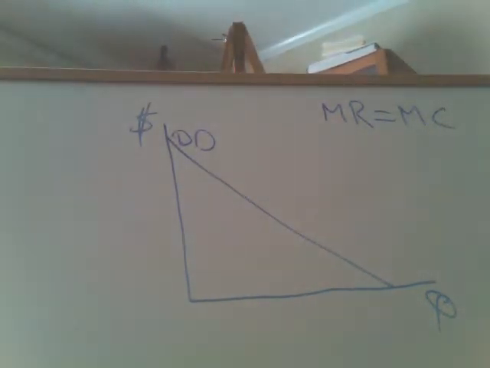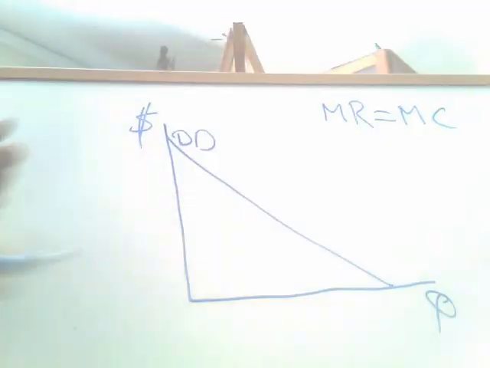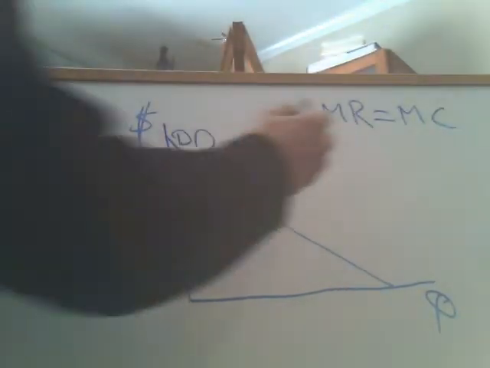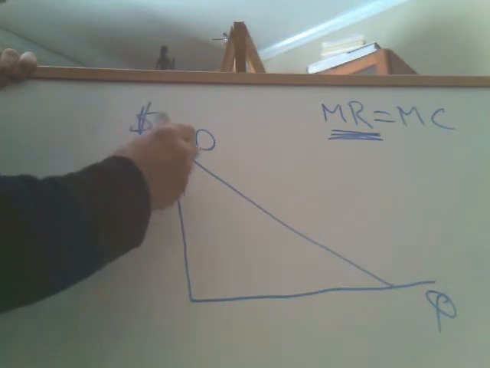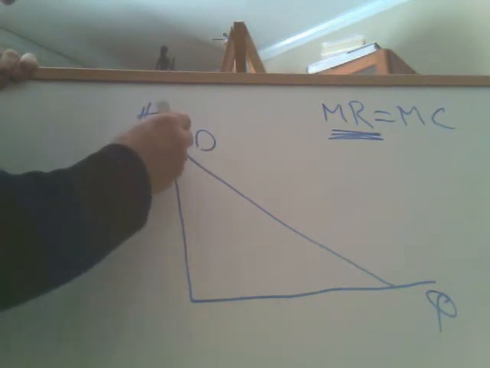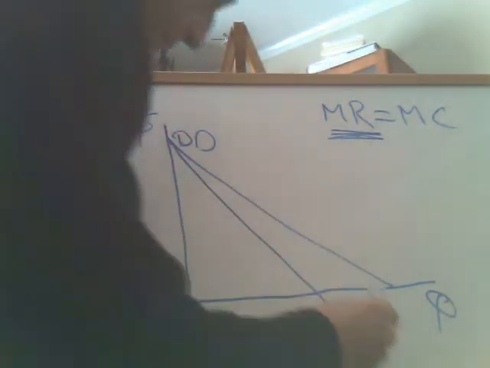Let's assume, and we're going to assume for this particular model, that the marginal cost is going to be a straight line and constant. So really it's a very simple thing. So the only difficulty here is where is the marginal revenue? The marginal revenue, as I hope all of you know, but in case you don't, that's why I want to remind you of it, always and forever, is this line.